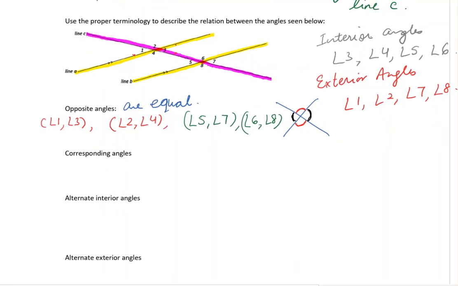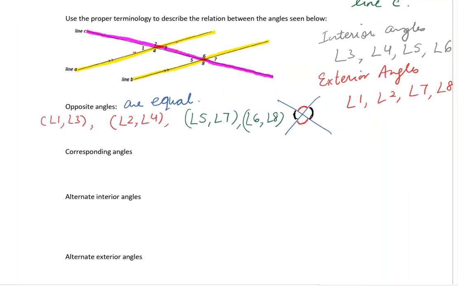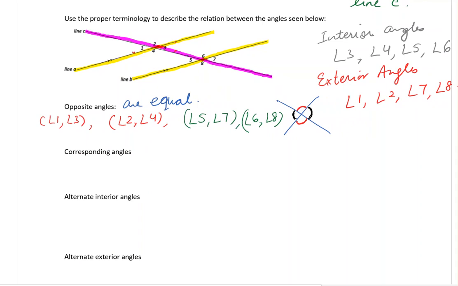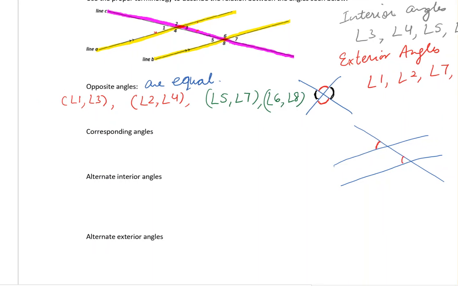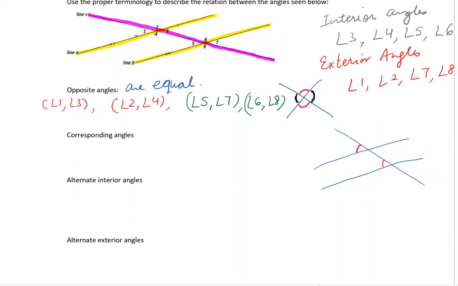Next we're going to talk about corresponding angles. Whenever we have two parallel lines which are cut by a transversal line, we already talked about exterior and interior angles, but if the angles are at the exact same location, for example this angle here and this angle here, they are called corresponding angles.